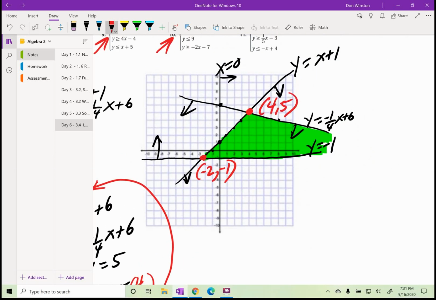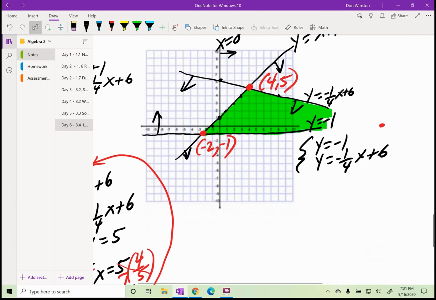Okay, the last corner point is going to be somewhere over here. But you see, this is why we have to solve a system of equations, because you run off the graph paper. So I know it's the intersection of two lines, y is equal to -1 and y equals -1/4 x plus 6. We set y equal to y. -1 equals -1/4 x plus 6. We subtract 6, we get -7 equals -1/4 x.